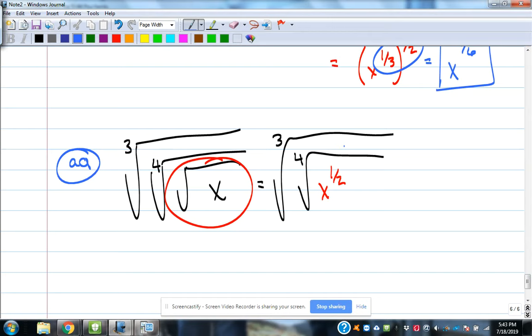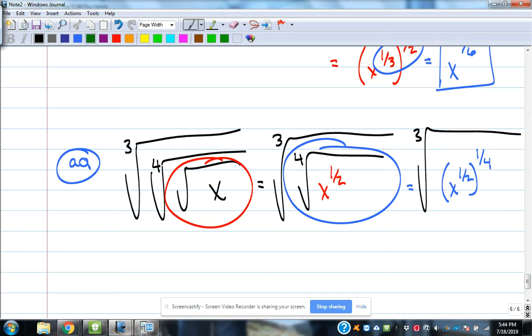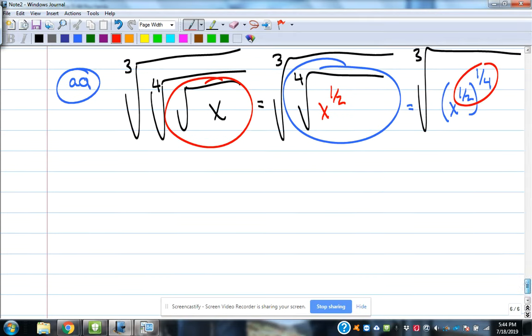So now this is going to become x to the 1/2 to the 1 over what? 1 over 4. And then we still got the cubed root there. Because I know I can simplify that, I'll go ahead and do that. So it's going to be the cubed root of x to the 1 over 8.